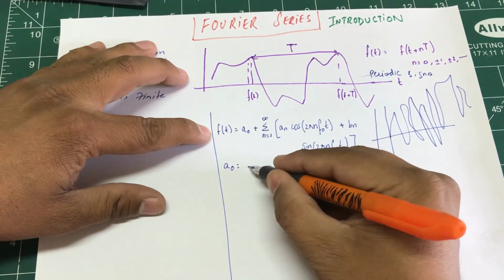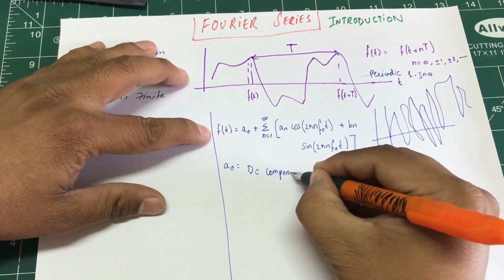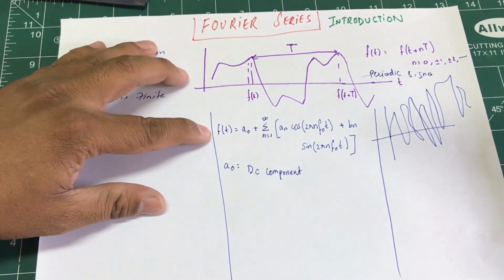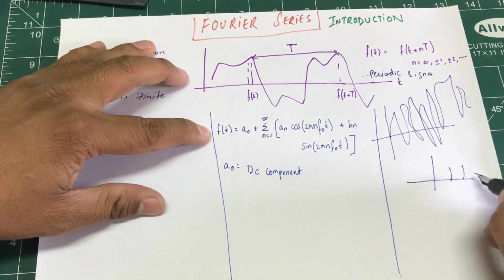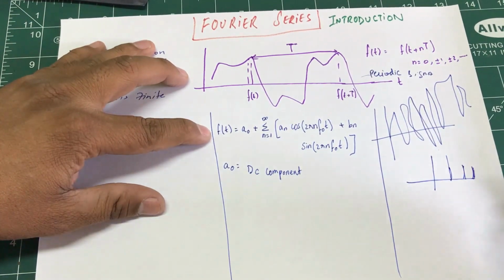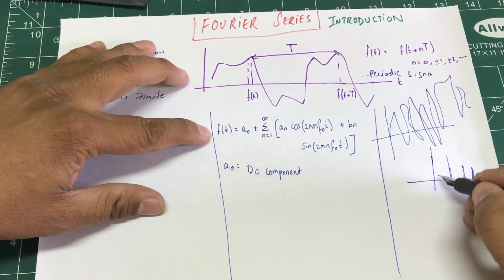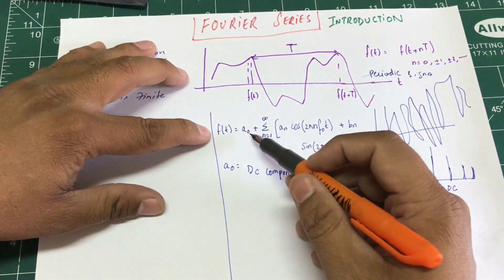So a naught is always going to be your DC component. Whenever you look at a signal, say this is the Fourier transform of something, the first fundamental peak that you would see is actually your DC component, which is a naught.